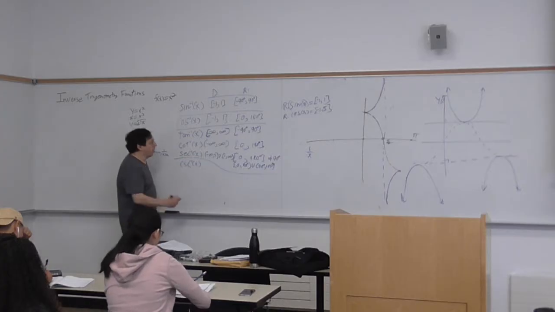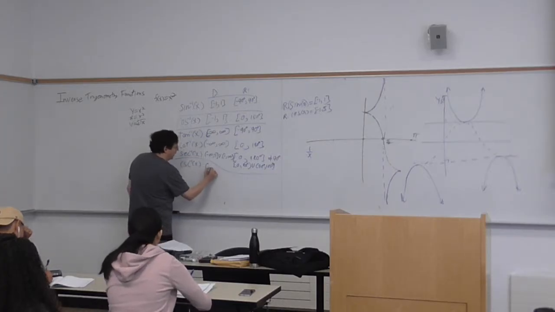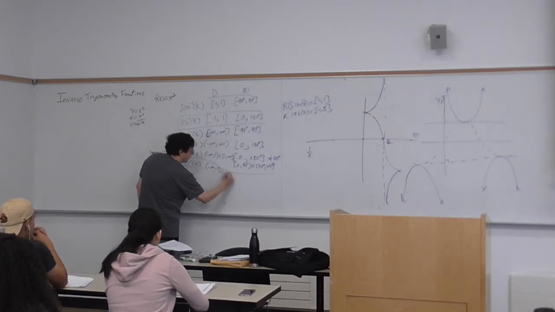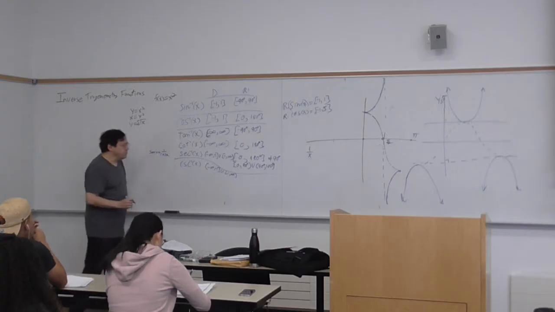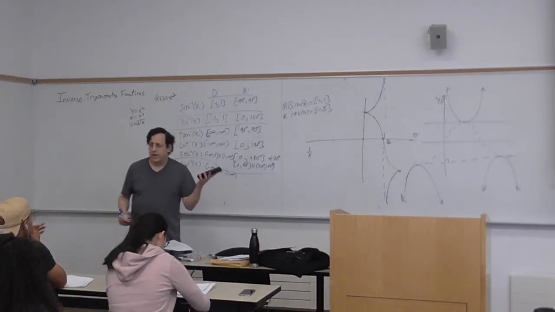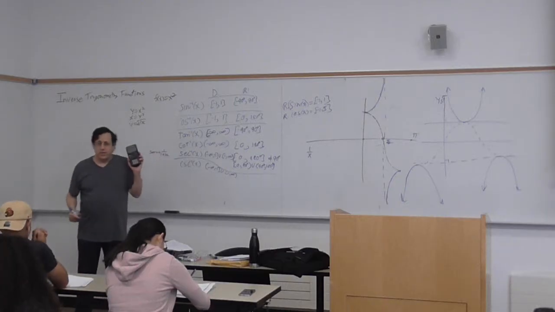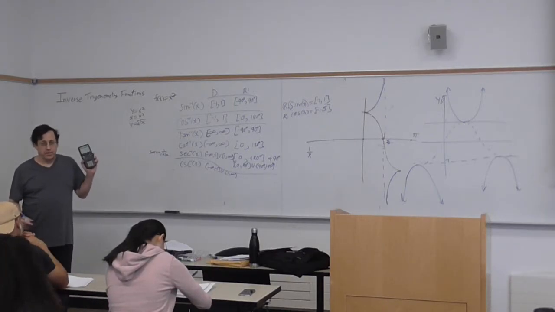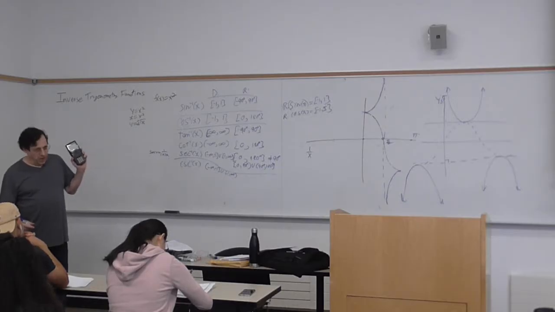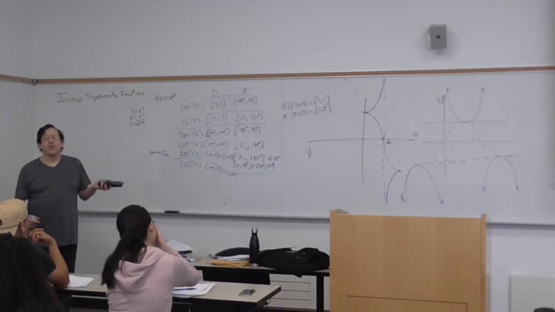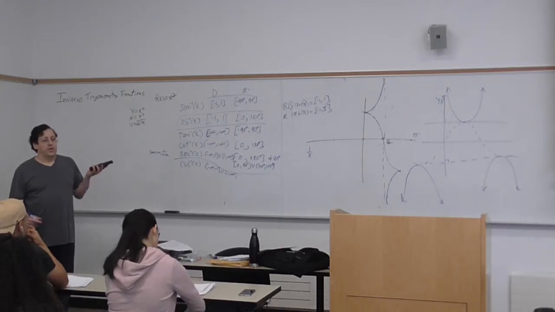So their inverses are going to have that as their domain. If your calculator had an inverse secant or an inverse cosecant button, which it does not, and you put in a value between 0 and 1, it's going to say error, or it might say domain.